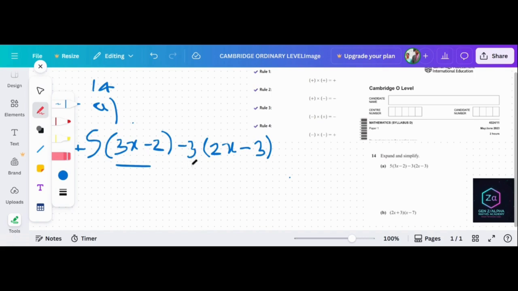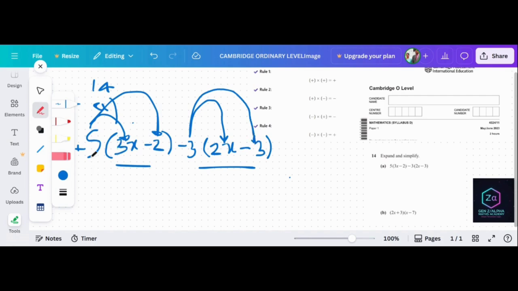In that second bracket, we can see we have a minus number, minus 3. So let's remove the brackets. We have to multiply 5 by this term, 3x, and another term, minus 2. Same as it is. Minus 3 should be multiplied by 2x, and minus 3 should be multiplied by another minus 3.